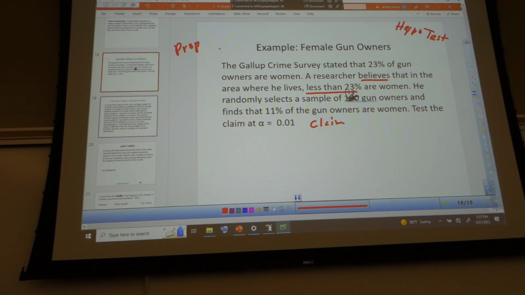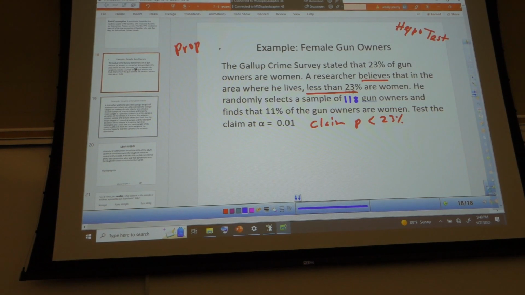So he believes that p is less than 23%. And again, we're using a sample size of 118. All right, go ahead and find our test statistic and our p-value.